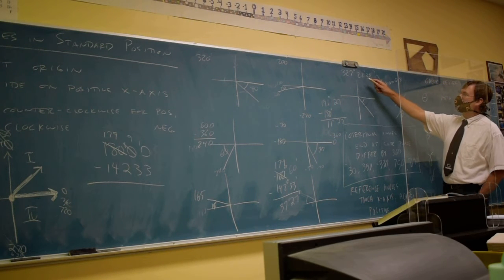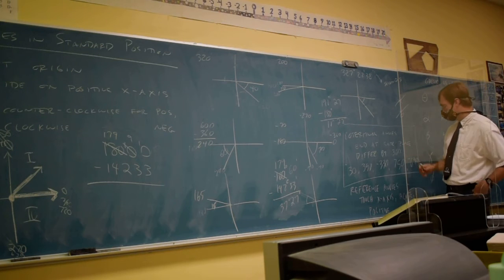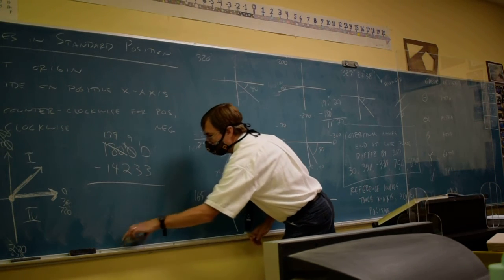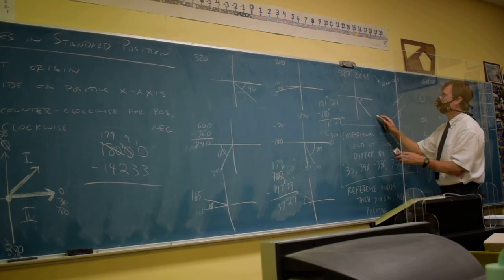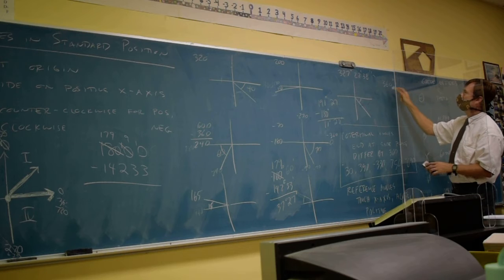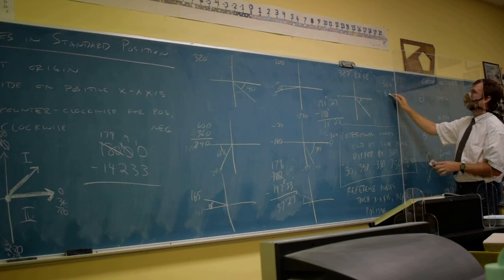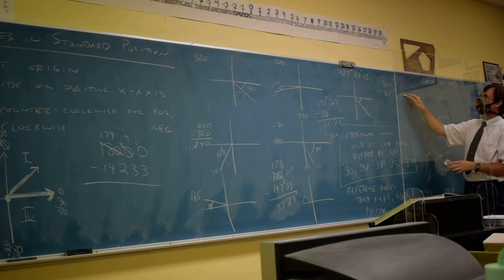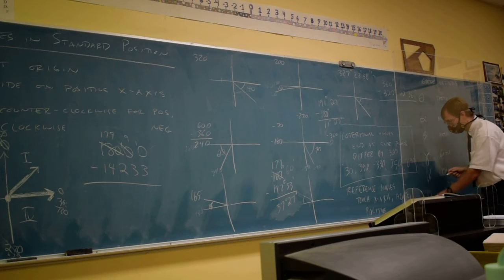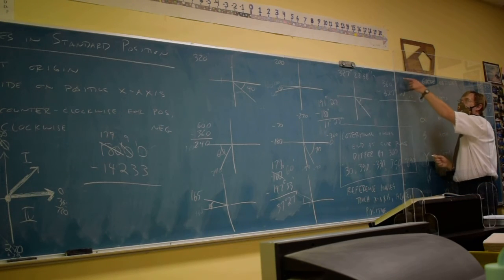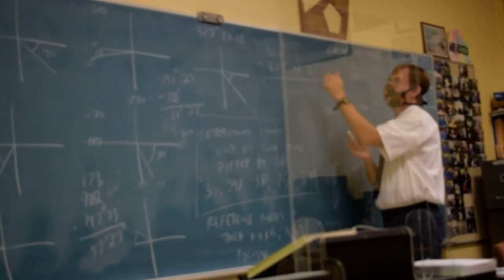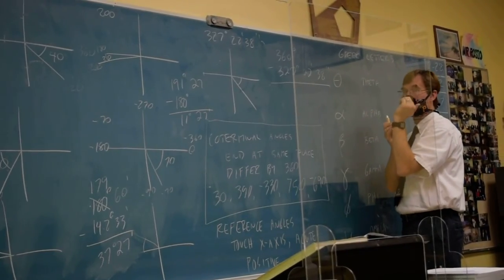Who was 327 closer to? It's 360. So we have to do 360 minus 327 minutes, seconds. If these minutes and seconds were on the top line, you would not have to borrow. But you can't have emptiness subtracting things.